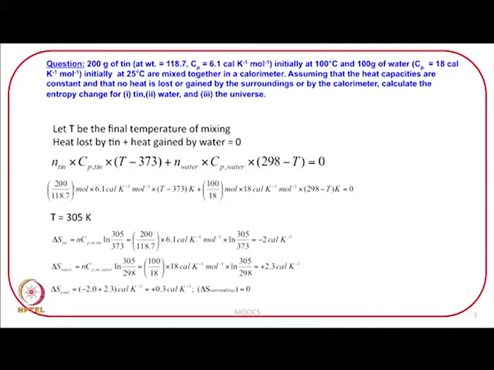So, when calculating the values of entropy change, the knowledge of heat capacities is very, very important. The heat capacity is connected to the properties of the system, how strong the system is. A well hydrogen bonded system will have a different heat capacity than a non hydrogen bonded system.